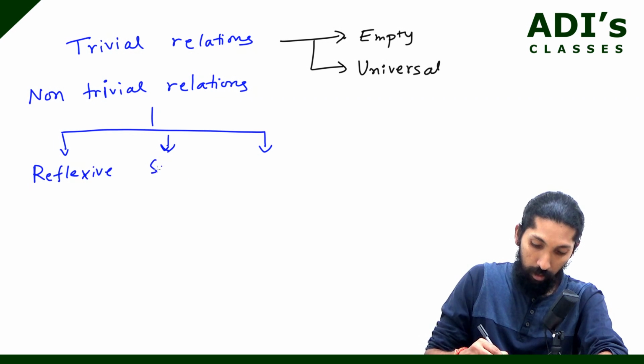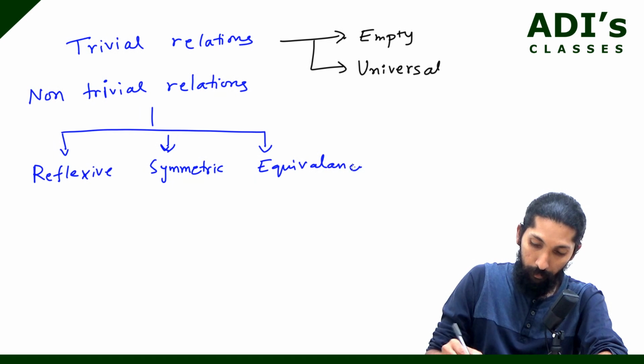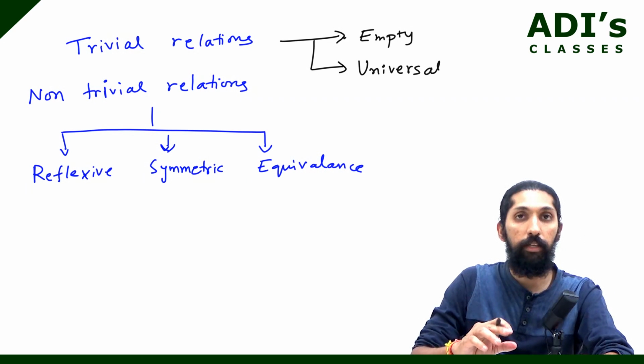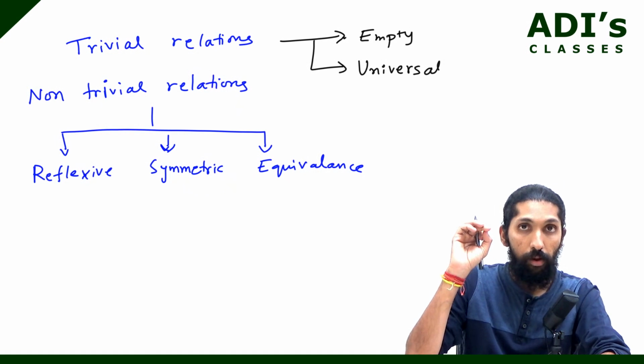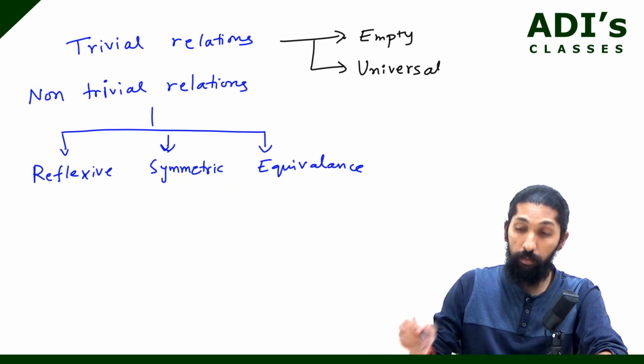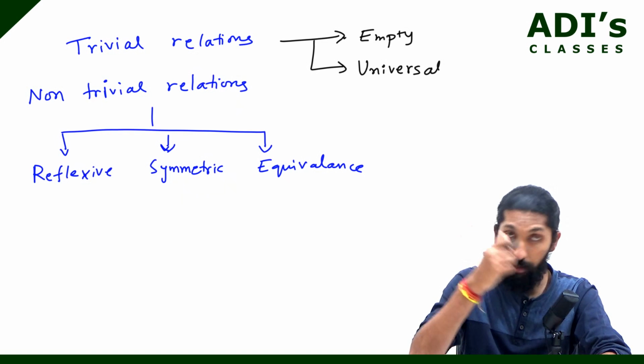The next one is called symmetric. And the next one is called equivalence. So these are the three: reflexive, symmetric, and equivalence relation. Now we'll discuss the non-trivial ones in detail in the upcoming videos.